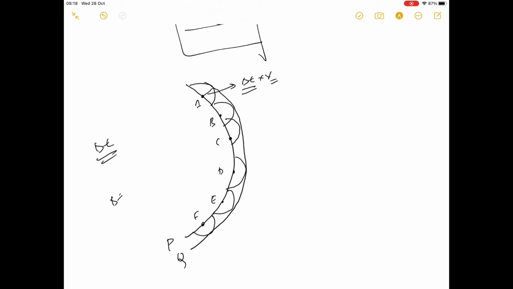If I want to find out the position after another time delta t prime, say, then again we do the same things. We consider points and then we draw semicircular wavefronts.